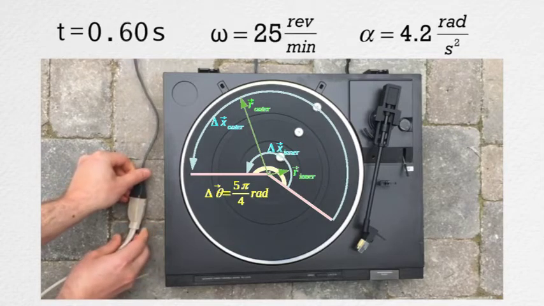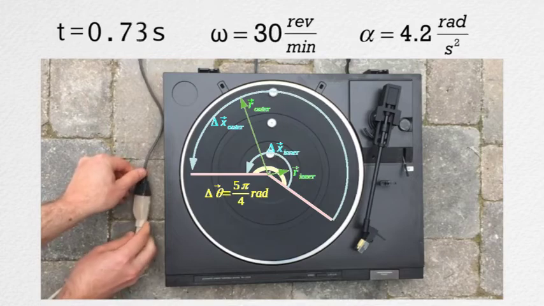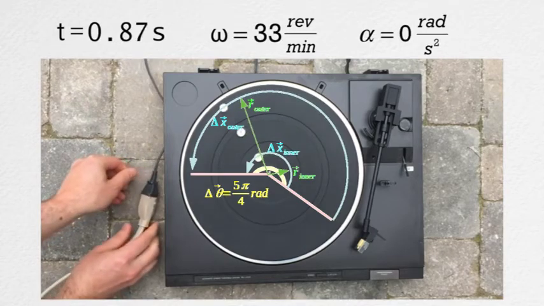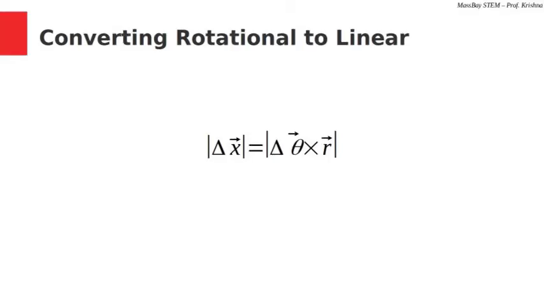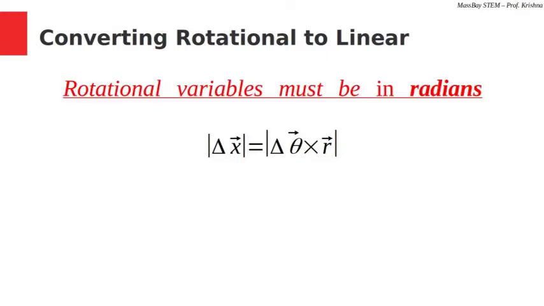The relationship between angular displacement and distance traveled is given by this equation. Distance equals angular displacement times radius. Importantly, this equation only works if delta theta is in radians. That's why we have to use radians for this entire unit of rotation.